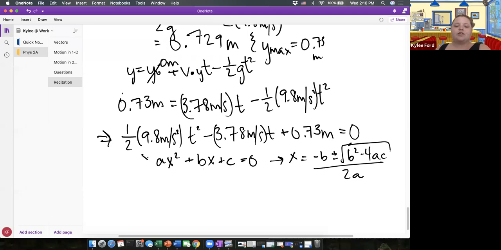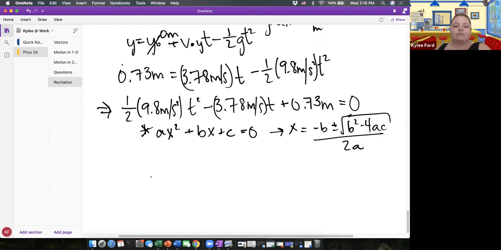Okay, so this is what you're comparing it to. So I'm going to go ahead and plug everything in like I have here and solve for my time. Okay, so equals negative, my b is here, which is negative 3.78.